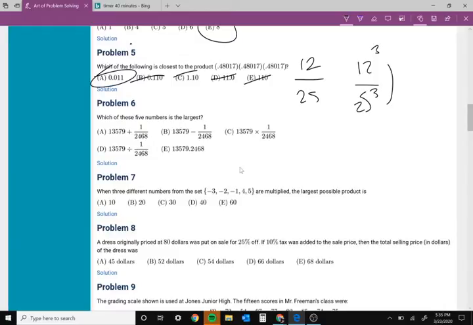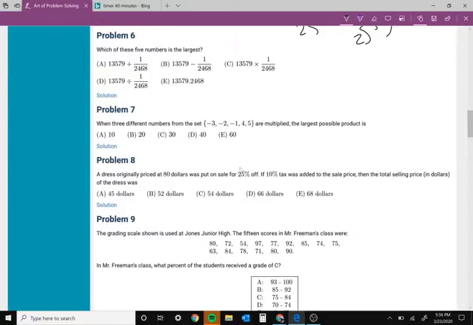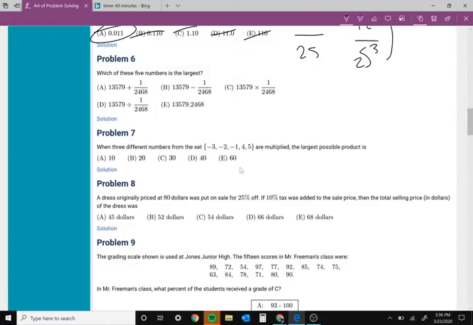Which of the following numbers is the largest? Well, let's think. So far, this one's the largest, right? But then this one is smaller, because you're dividing by it. But this one, you're multiplying, right? So I believe it is this one. So let's get out the eraser.